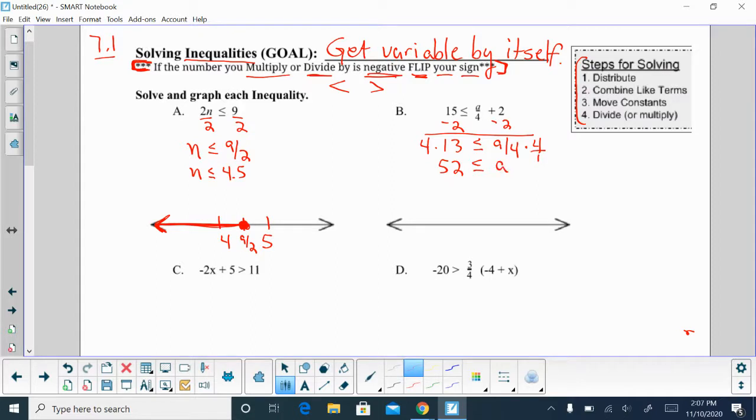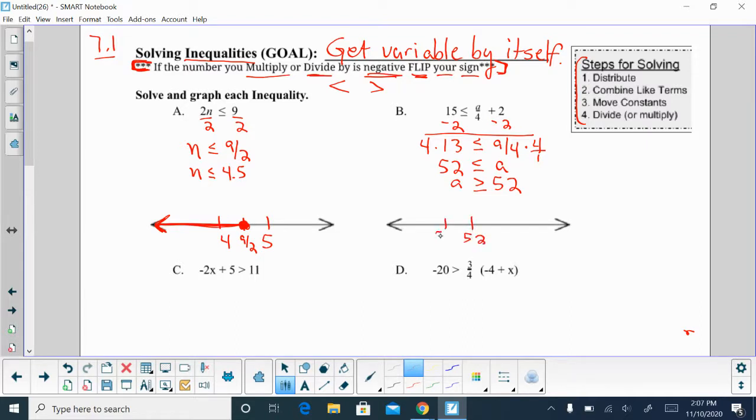All right, now I like my variable on the other side, so let's switch this around. A is going to be greater than or equal to 52. You don't have to do that, but it kind of helps when you're doing a few of these problems to try to be consistent. Now working on this, we need to graph. So here's 52.